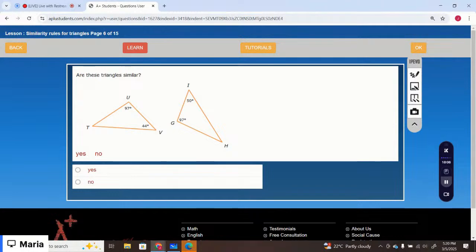Are these triangles similar? No, they are not similar. Okay, you can complete the lesson by yourself later today. Let's just move on to the next lesson.